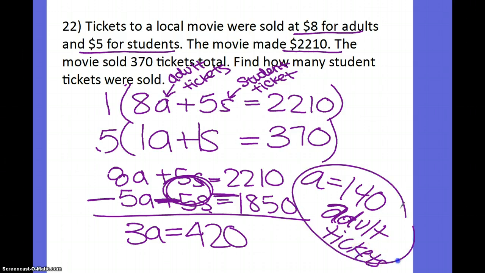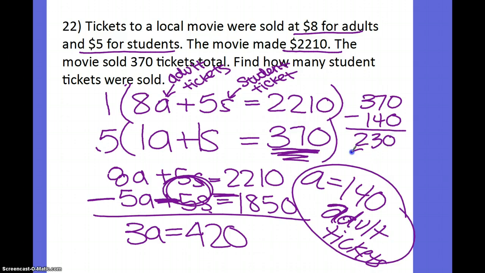If you know that the total tickets sold is 370, then we can just do 370, take away 140, and that's the remaining number of tickets we need, which is 230 student tickets.